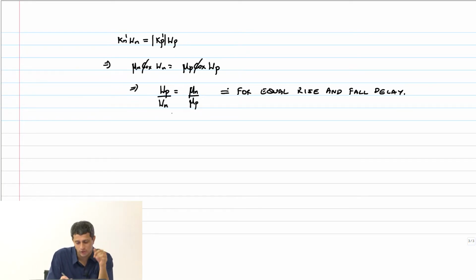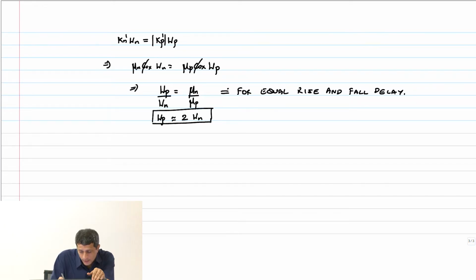So, typically this ratio is approximately equal to 2. Wp is twice Wn is the standard gate sizing that will be done in digital logic. You will see it everywhere because I want rise delay and fall delay to be approximately equal.